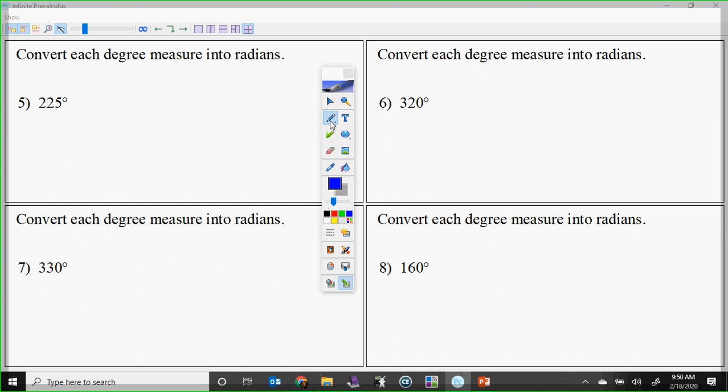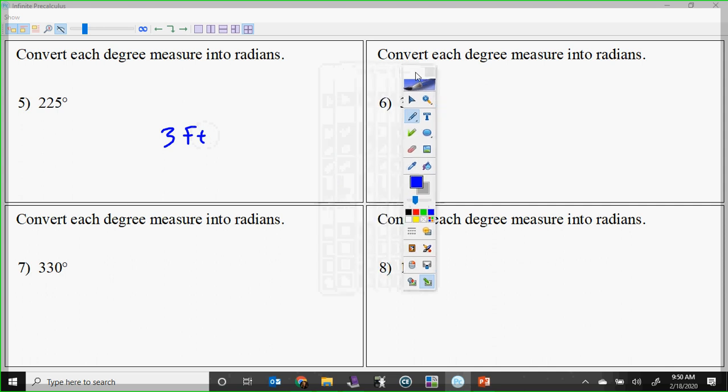So for instance, let's say I had 3 feet, and I said, I want you to tell me what is 3 feet in inches. Okay, well, you'd probably just multiply it by 12, but what you're really doing is saying there are 12 inches in 1 foot.